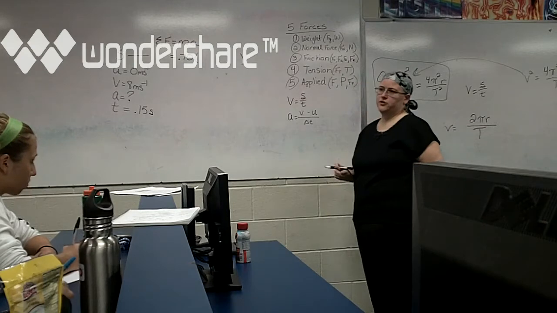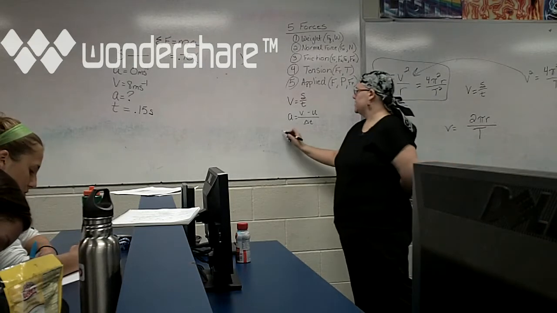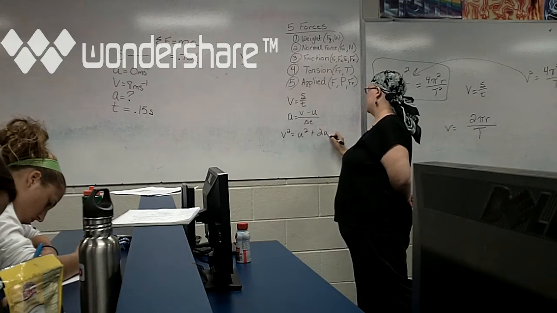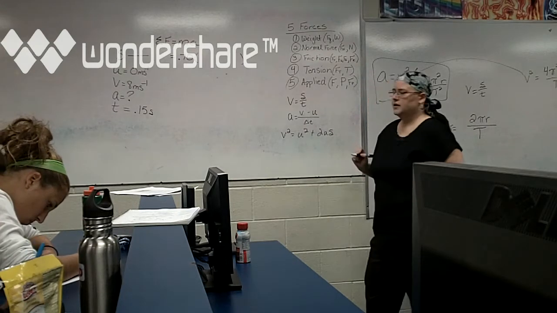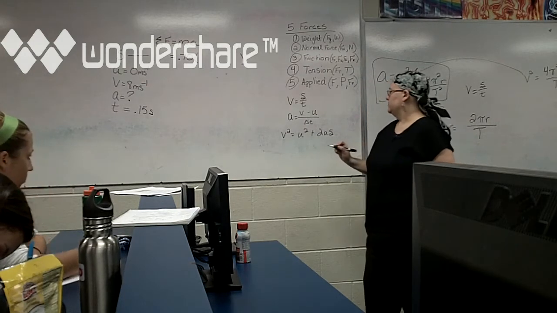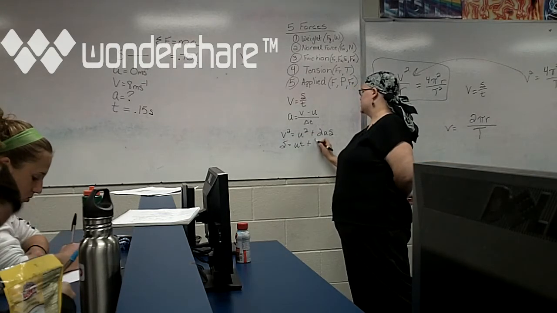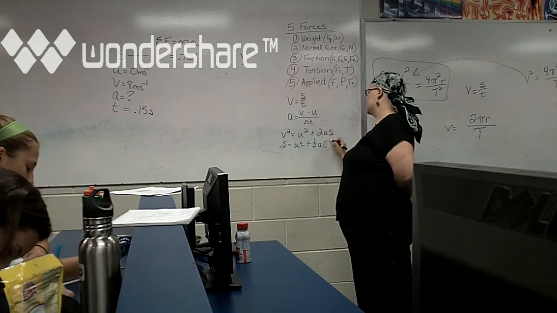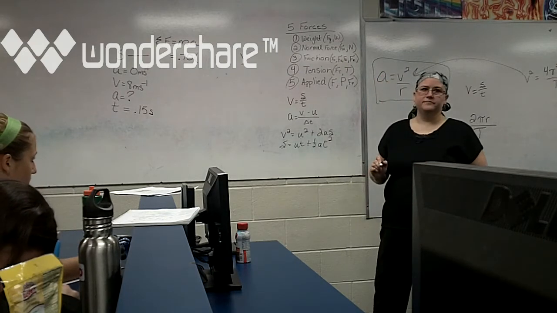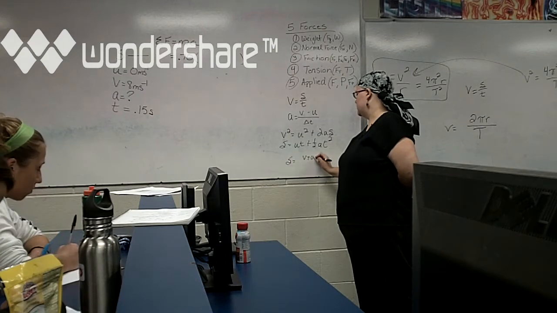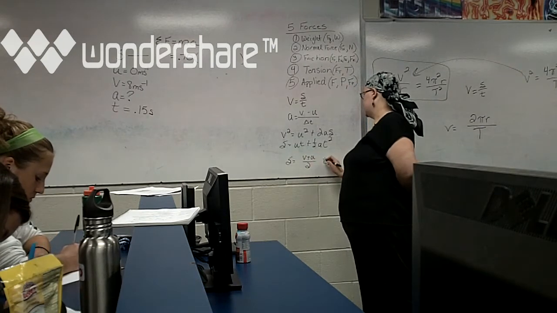Those two are not given to you in the data booklet. But they do give you v squared equals u squared plus 2as. They do give you s equals ut plus 1/2 at squared. And they do give you s is equal to v plus u over 2 times t.